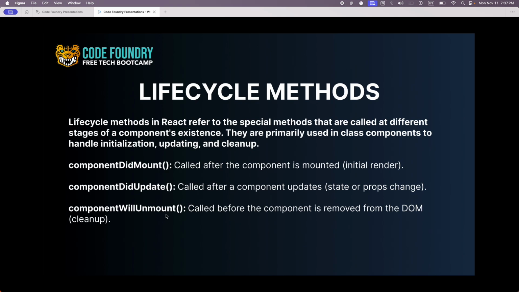And then componentWillUnmount is called before we delete the component. So say we need to clean up a function that's constantly repeating in our component. componentWillUnmount will stop that function that's constantly repeating so it doesn't exist in the future, even if it's an asynchronous function or something along those lines.